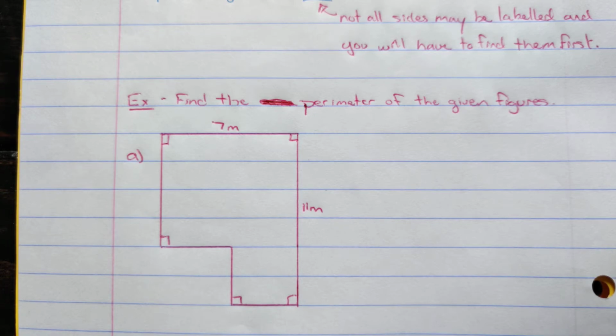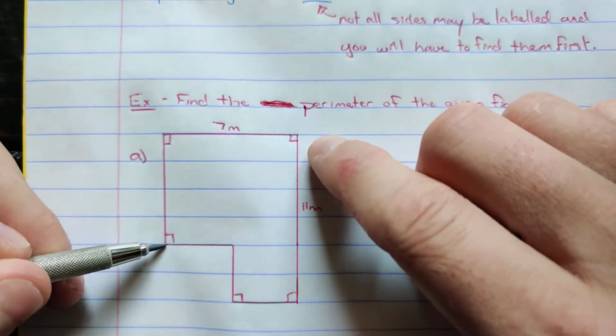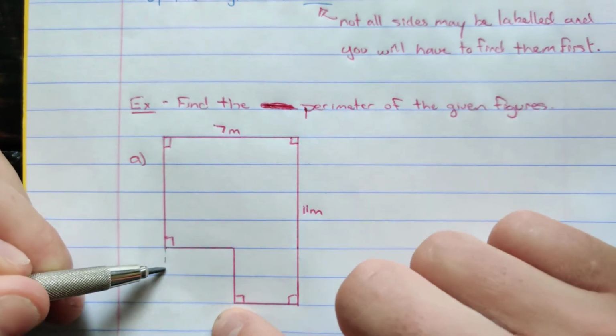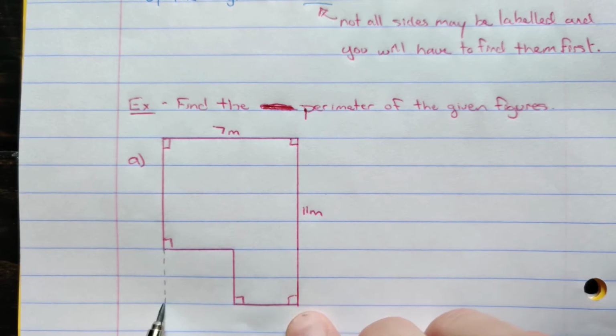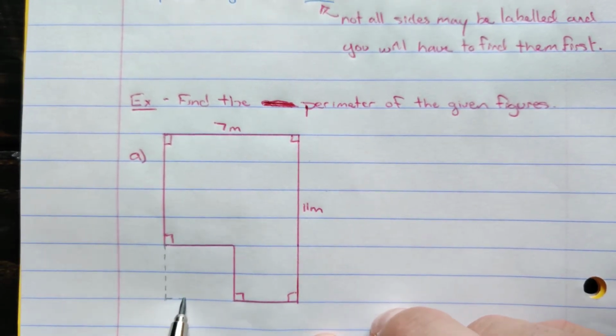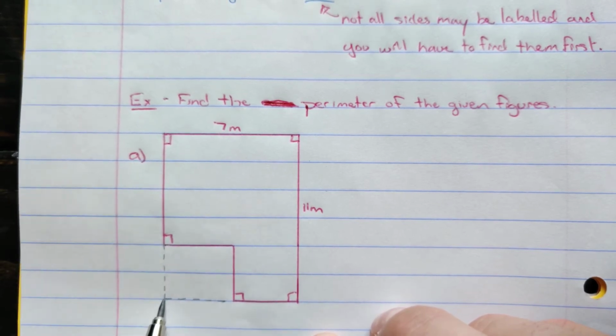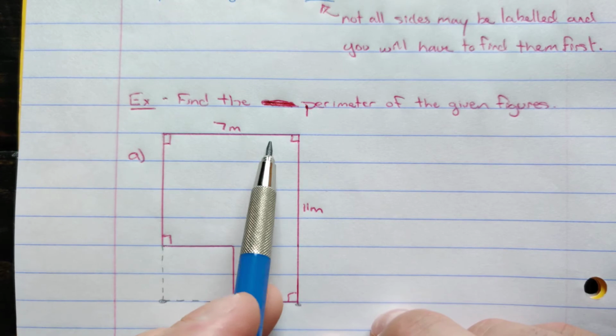Well, because these are right angles and these sides are parallel to each other, if this drops straight down to here, the distance from here to here, all the way across, I'm going to make a square here, to go from this corner to this corner, would be the same as this.